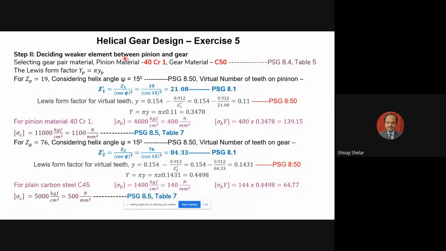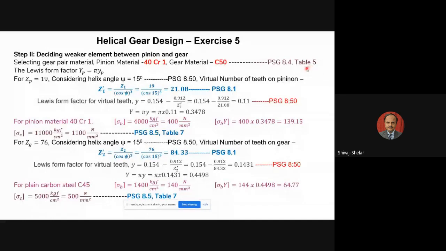Now, the next step is deciding the weaker element between pinion and gear. Since the material is not provided in the problem, you need to select the gear pair material. Since the power is high, we need to select slightly high strength materials. So we are going to page number 8.4, table number 5, where the gear pair materials are available.